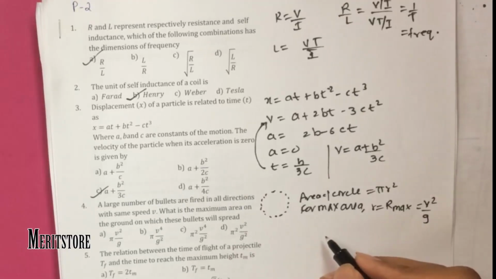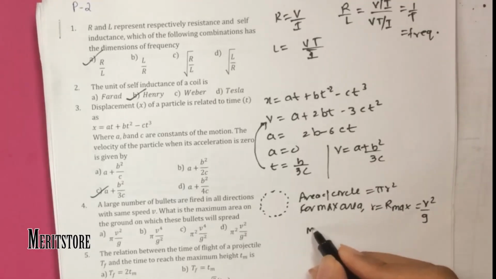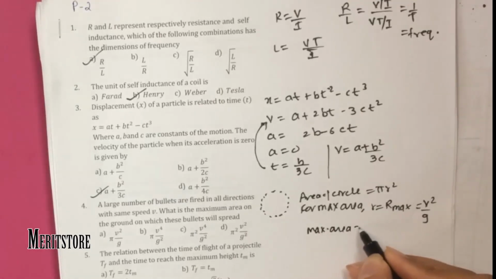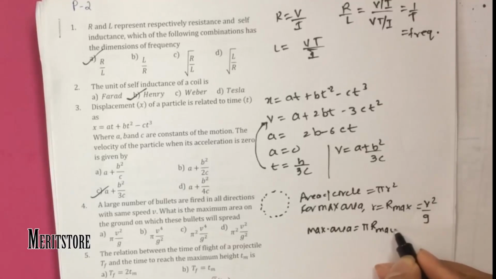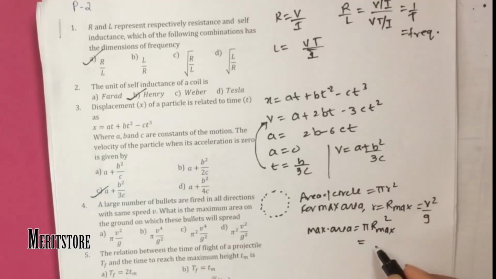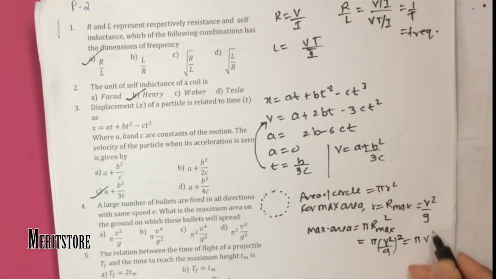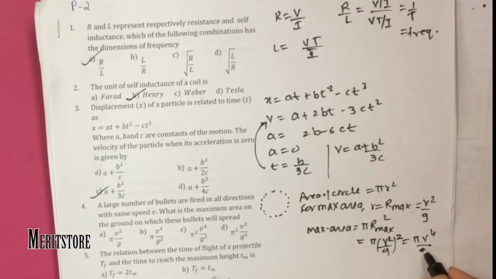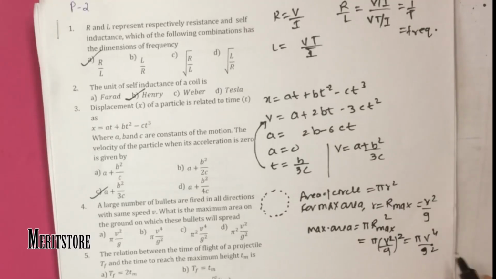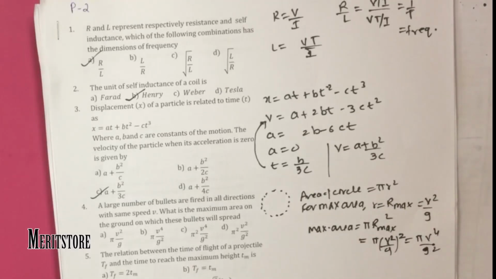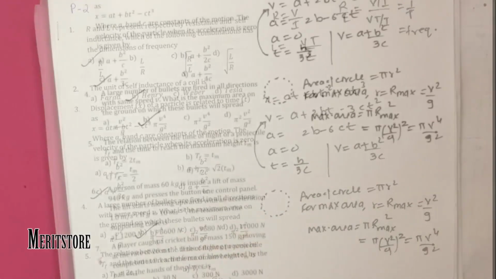So maximum area is pi r max square, which would be equal to pi v square by g the whole square, which is pi v raised to 4 divided by g square. So your correct answer would be option B.